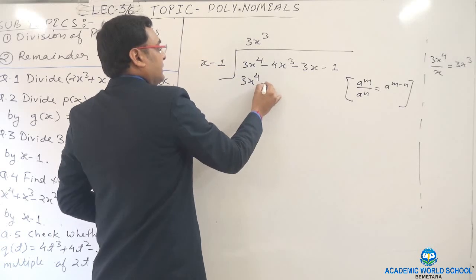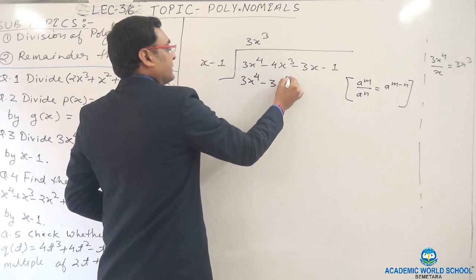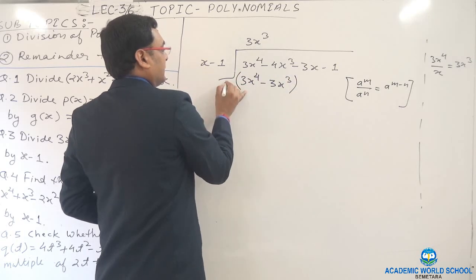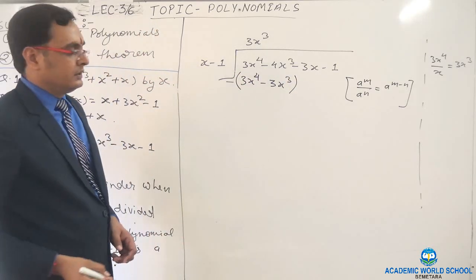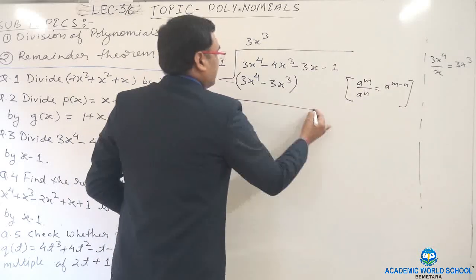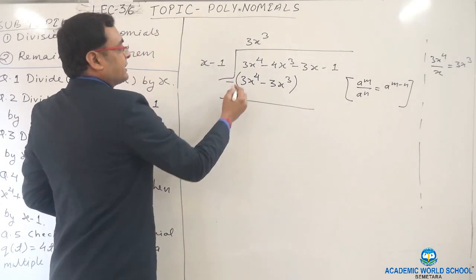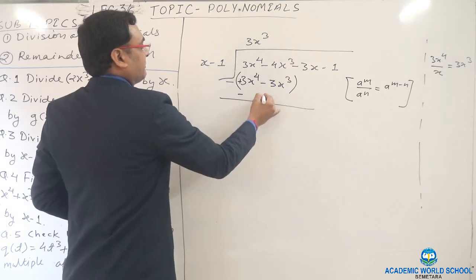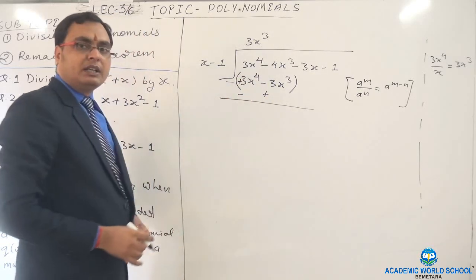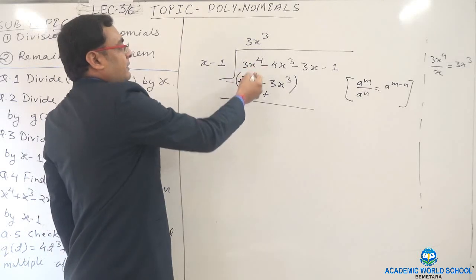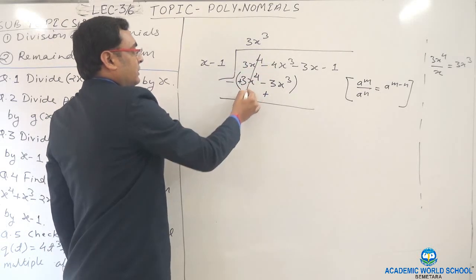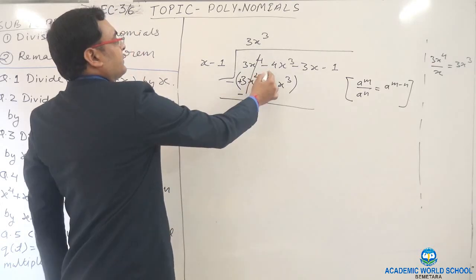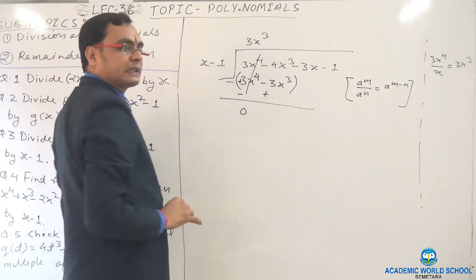Now we will subtract this. On subtracting, the sign of both these terms will change. This plus sign will become minus, and this minus sign will become plus. Now 3x to the power 4 minus 3x to the power 4 will cancel, 0. Then minus 4x cubed and plus 3x cubed.